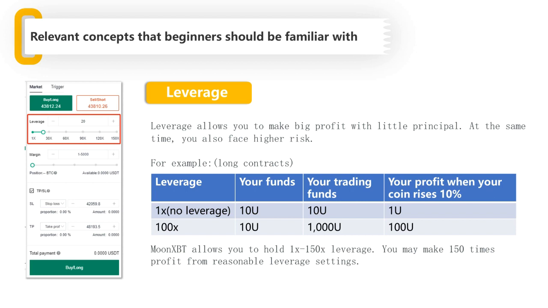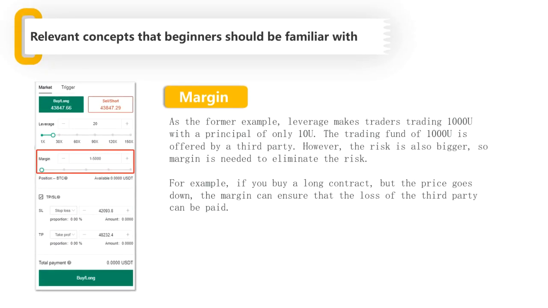However, in the example above, what will happen if your coin falls? As in the former example, leverage makes traders trade 1000 USDT with a principal of only 10 USDT. The trading fund of 1000 USDT is offered by a third party.